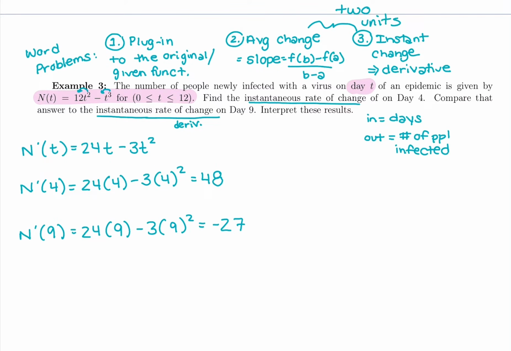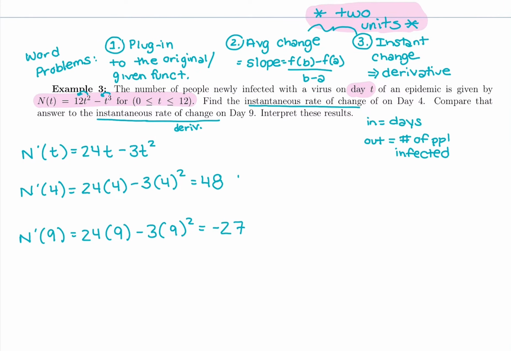Let's remind ourselves of that by writing it on top, maybe starring it and highlighting it. It has 2 units. So if we're plugging in years and getting out dollars, we would say dollars per year. This one, we're plugging in days and getting out number of infected people. So we want to do the output over the input variable.